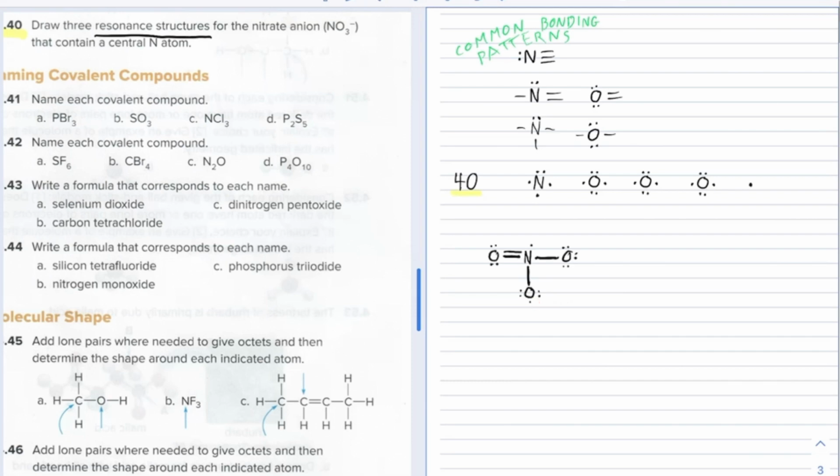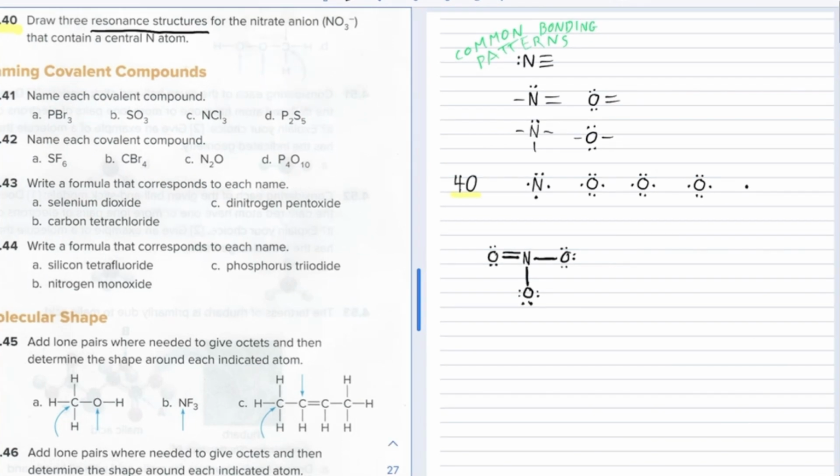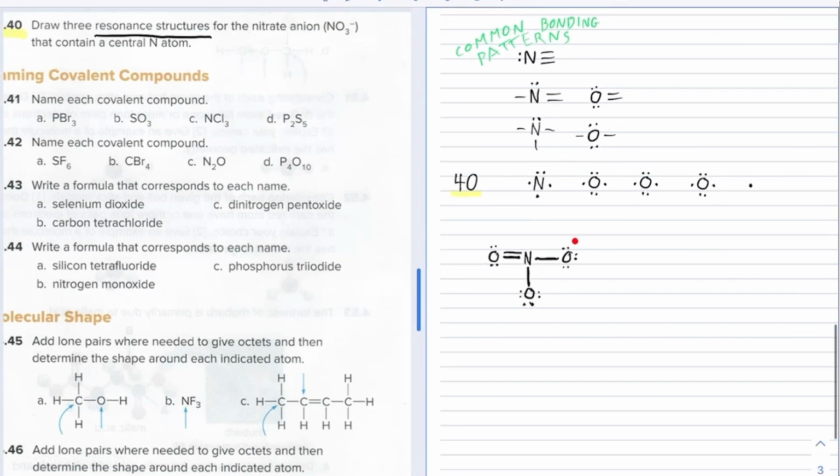We'll put it down there. Okay. Now, this is a good Lewis structure. We are unable to draw the Lewis structure if we're constrained to use the common bonding patterns.